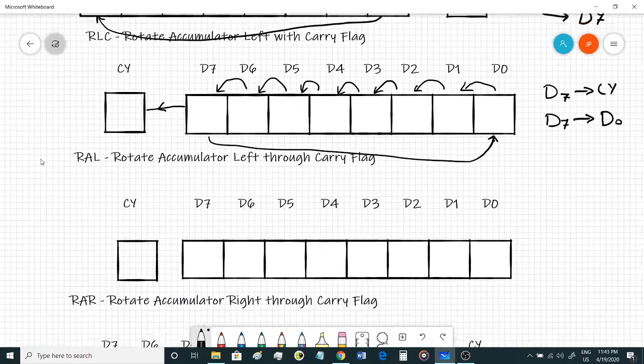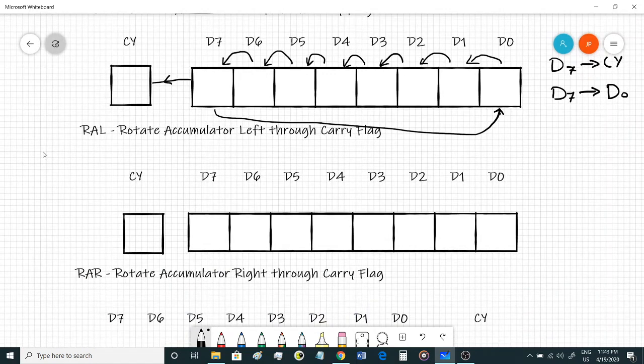Similarly, there is another rotate instruction known as RAL, rotate accumulator left through the carry flag. So here the accumulator is rotated through the carry flag, which means we are doing a left operation. It is very similar: D0 to D1, D1 to D2, D2 to D3, D3 to D4, D4 to D5, D5 to D6, D6 to D7.